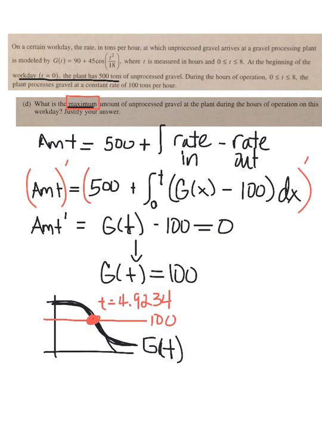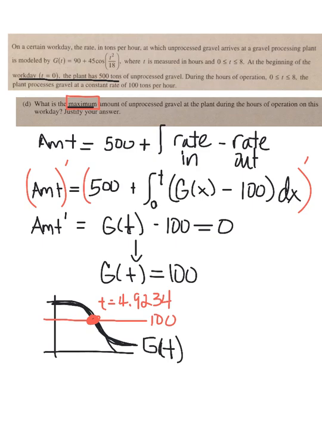Now let's go back and read the question, because the question says, what is the maximum amount of gravel during the hours of operation on this workday? So it wants to know how much gravel we have at this time. Remember, when you have a t-value and they want the actual amount, isn't that like finding a y-value?